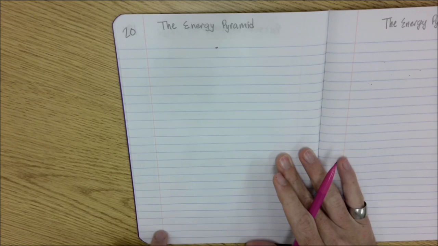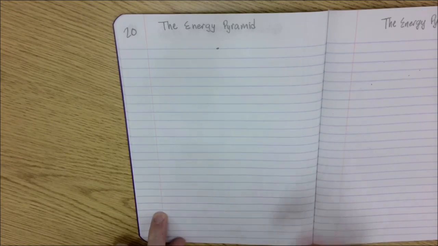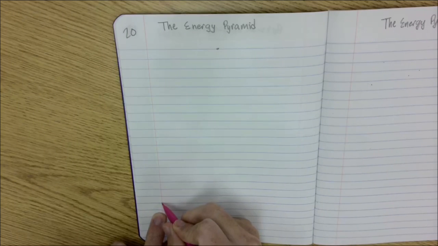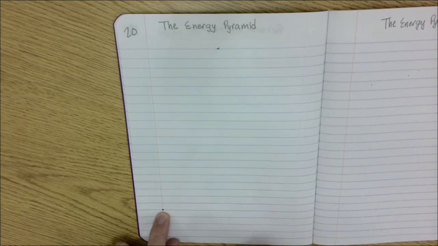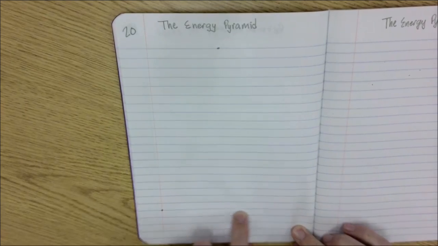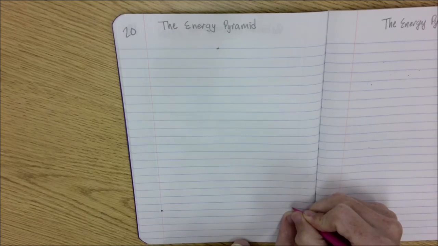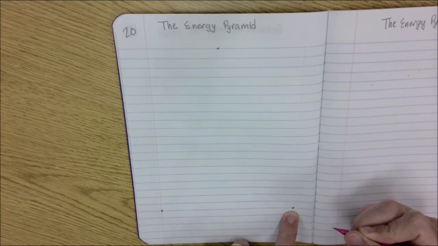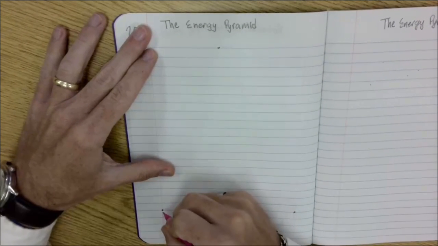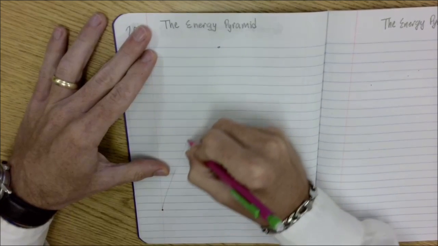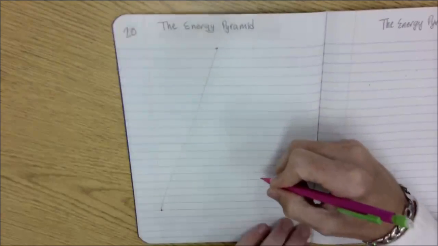So 1, 2, 3, 4, 5. And on the 5th line, we're going to put a dot where the red margin meets our paper line. And then we're going to go straight across and put one on the opposite side as well. And then we are just going to connect these lines.